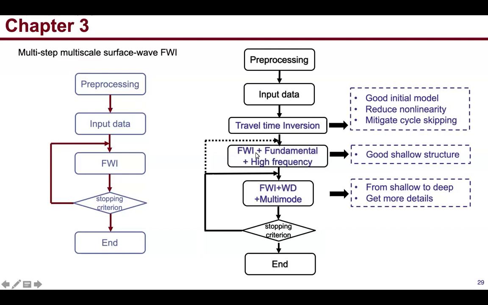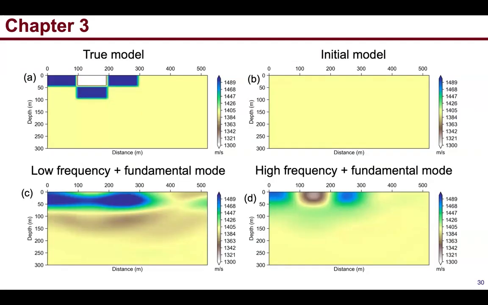Later, we conducted FWI with the fundamental mode and the higher frequency component of the data, so that we could have a good characterization of the shallow area of our model. And we conducted the third round of FWI with waveform difference and multimode surface waves, so we can characterize the model from the shallow to deep structure to get more details of our subsurface model.